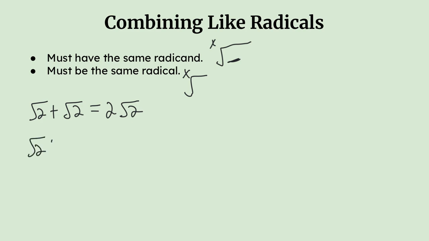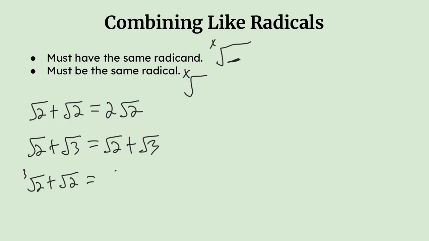Square root of 2 plus the square root of 3. That can't be simplified, so you just leave it. Like it's an x and a y, if you go with that variable example. Cube root of 2 plus square root of 2 can't be reduced or combined.